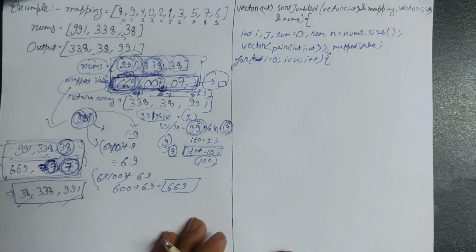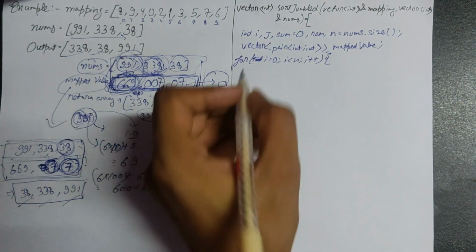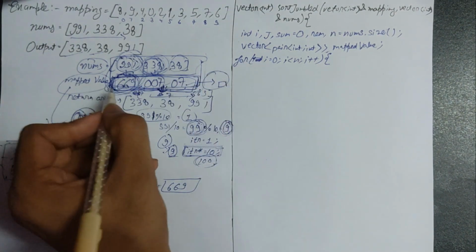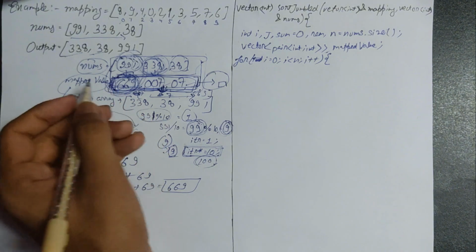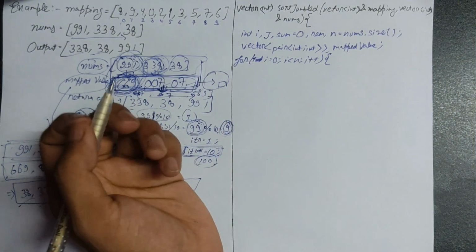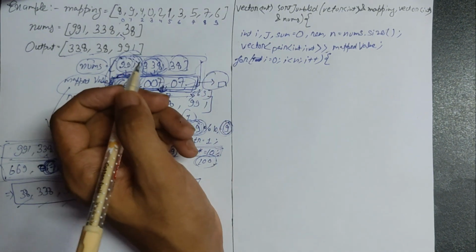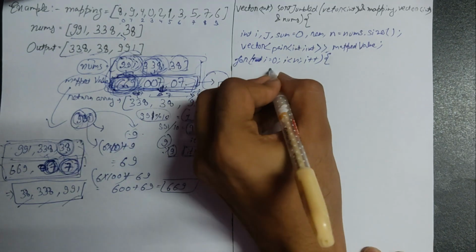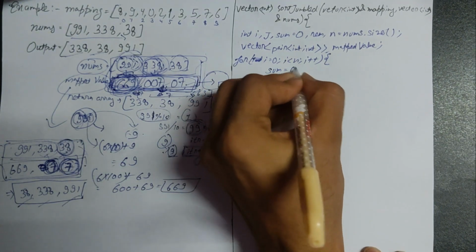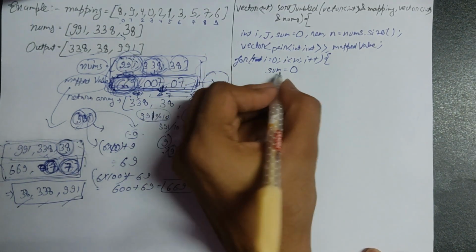Now we need to make this value again and again. As we have done in a lot of questions, like reversing a number, we will take sum as 0 and make this sum the new mapped value.